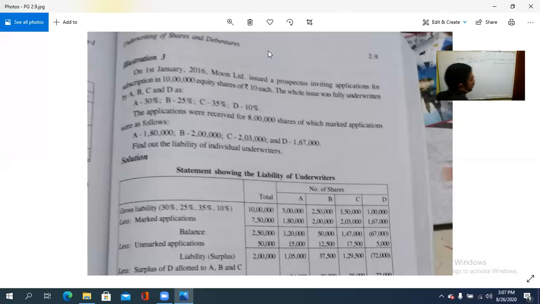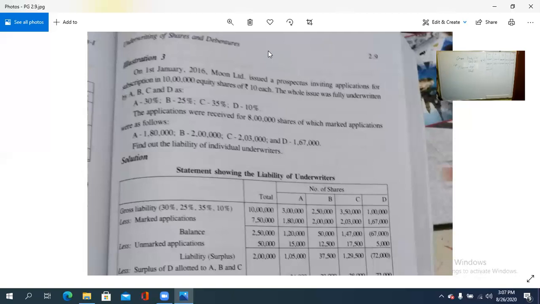So altogether the total is 7 lakh 50,000: 1 lakh 80,000, then 4 lakh 3,000, and 1 lakh 67,000. Total 7 lakh 50,000. Then the balance is 2 lakh 50,000.